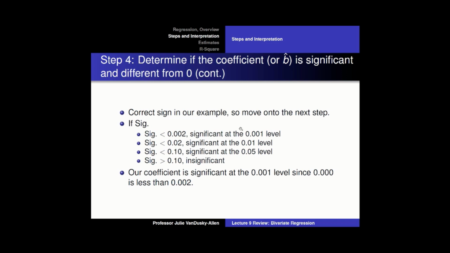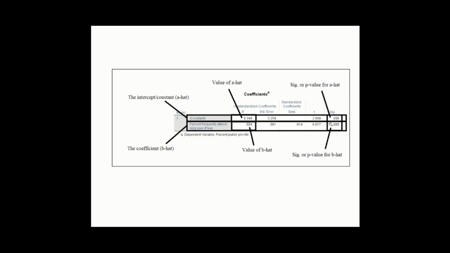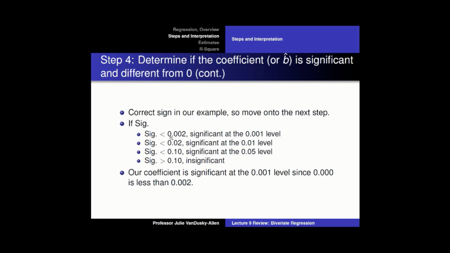What we're going to do is look at the sig value here in the second row for the coefficient. So here it's 0.000. If it's less than 0.002, then the coefficient is significant at the 0.001 level. If not, move on. If it's less than 0.02, it's significant at the 0.01 level.